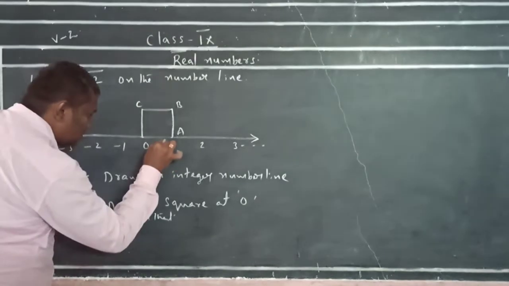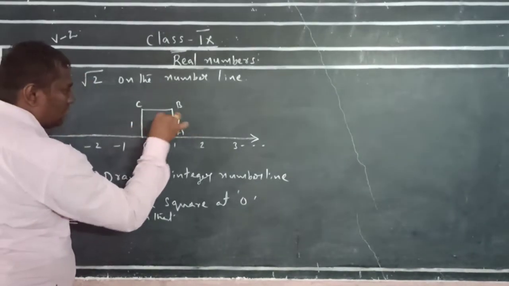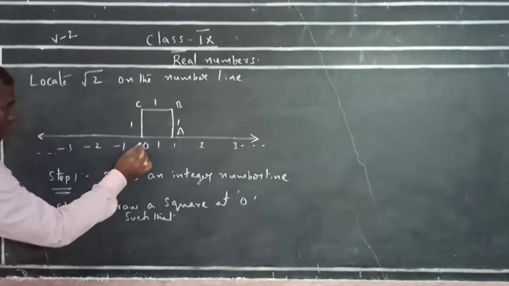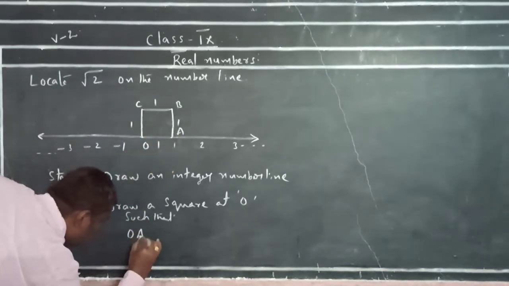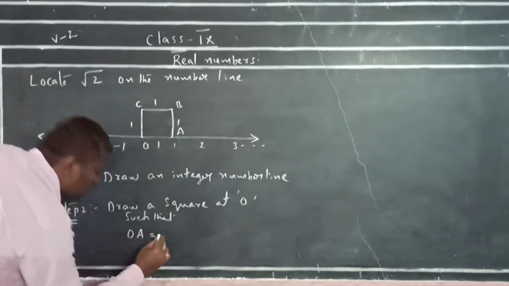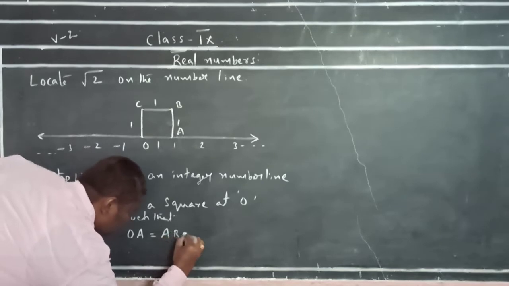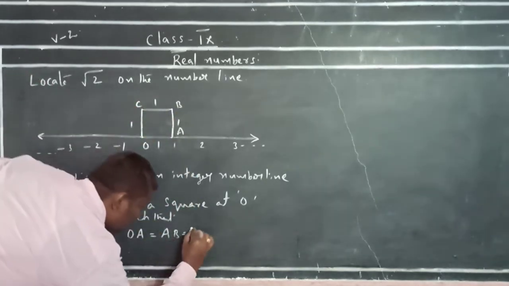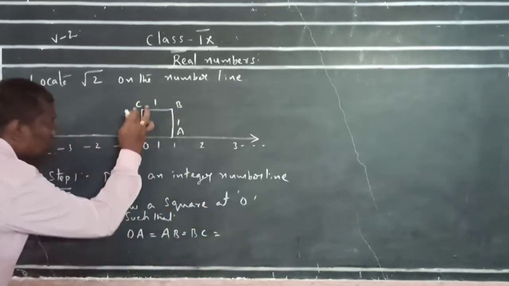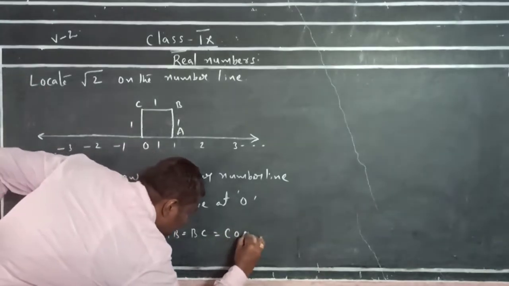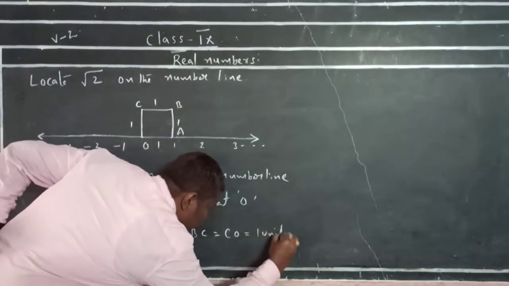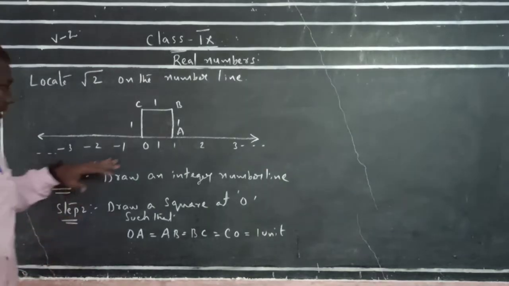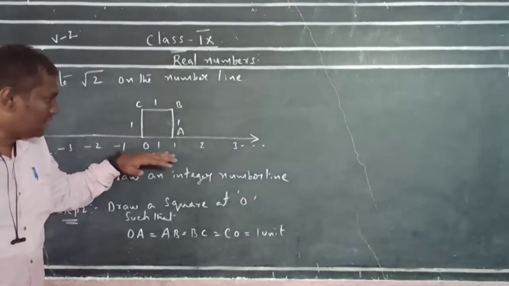Then this is 1 unit, this is 1 unit, this is 1 unit, this is 1 unit. Here OA is equal to AB, equal to BC, equal to CO, 1 unit.